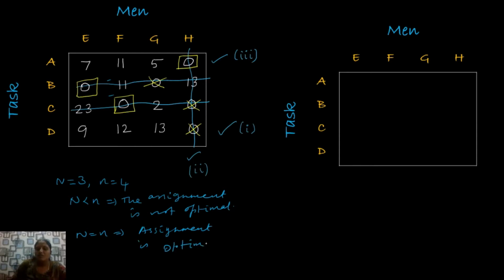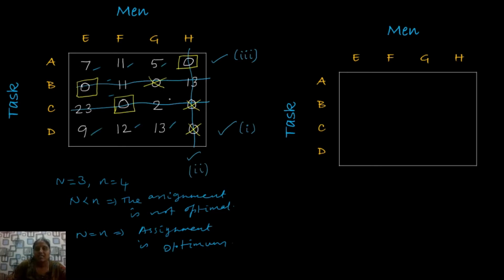So what we are going to do now is pick up the minimum element from the uncovered elements, the minimum element not covered by any of the straight lines. Here the elements to choose from in this cost matrix are 7, 11, 5, 9, 12, 13.